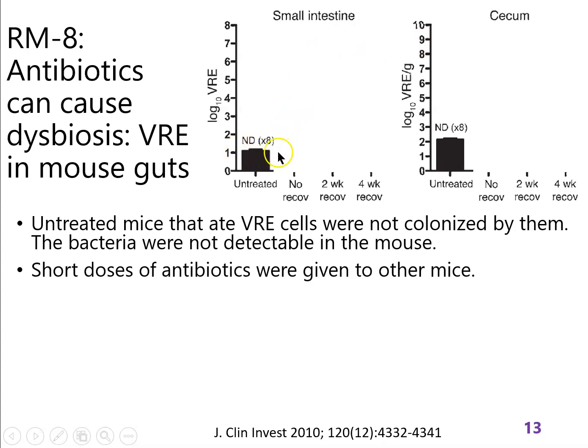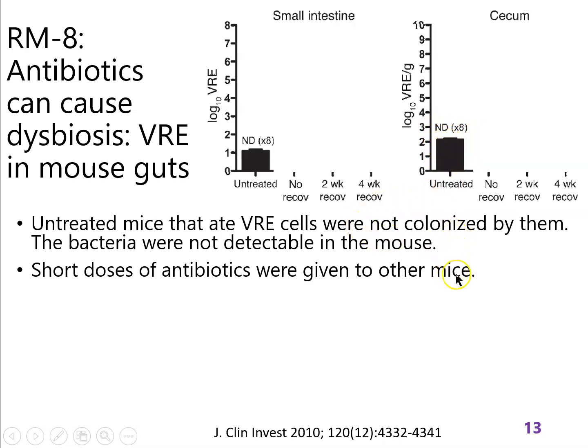This level here is the minimum they could detect. So they graph it as here, minimum, not detected. That is, when normal mice ate vancomycin-resistant Enterococci, they did not colonize the intestine. They did not colonize the cecum. We know the number is somewhere below the limit of detection.